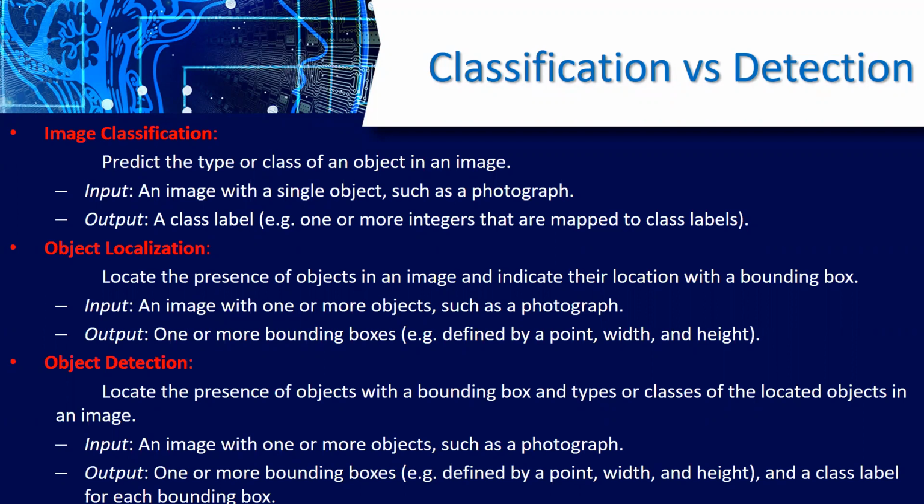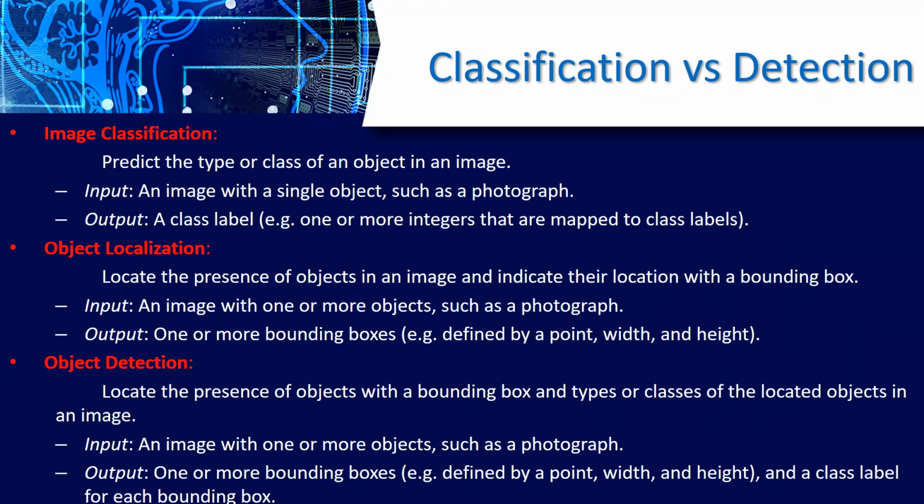Object detection or object localization algorithms means, instead of providing one single label or title to the image, we can provide multiple labels depending on the areas. Instead of taking the entire image, we can take some part of the image and assign one name to that particular region.